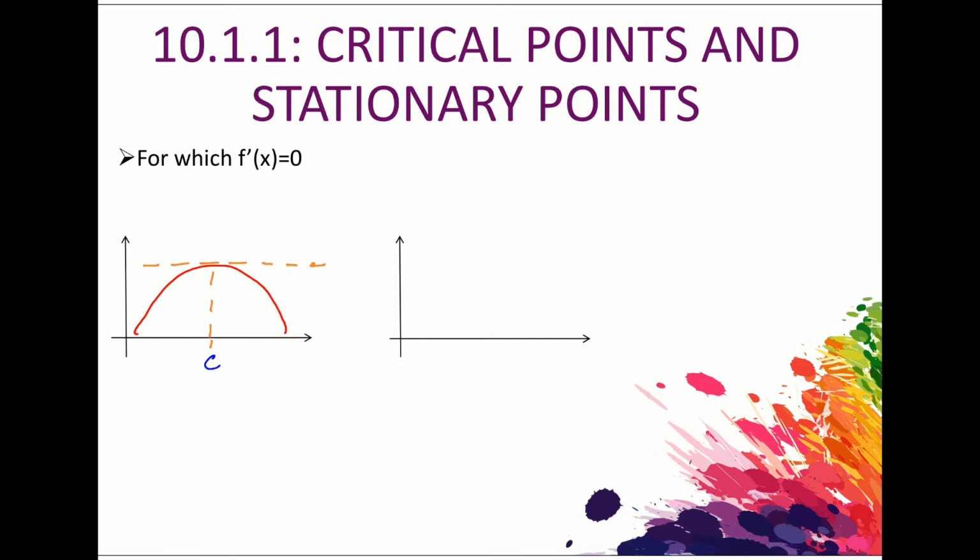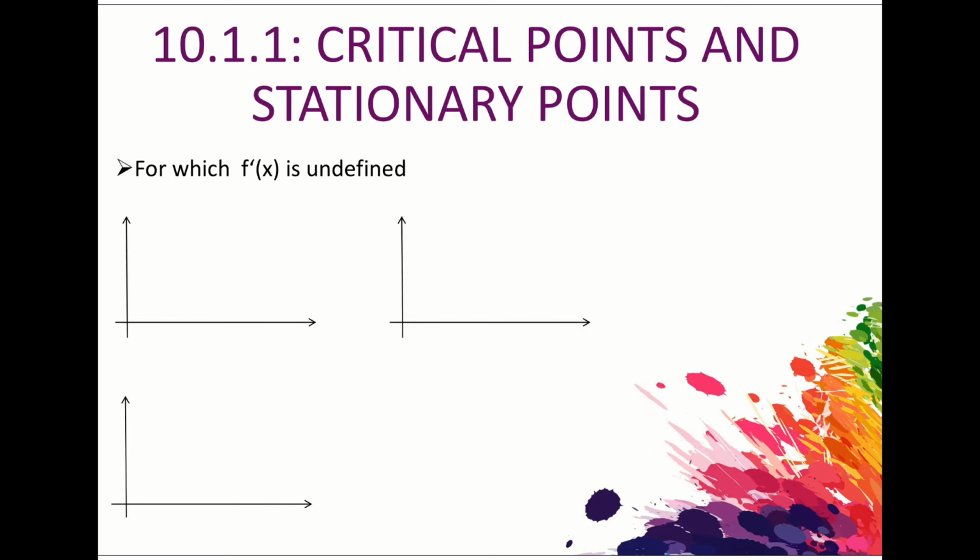The next example involves a cubic graph. Same here. We can see that the orange line goes through the stationary point of the graph, and c represents the critical number for the f(x).